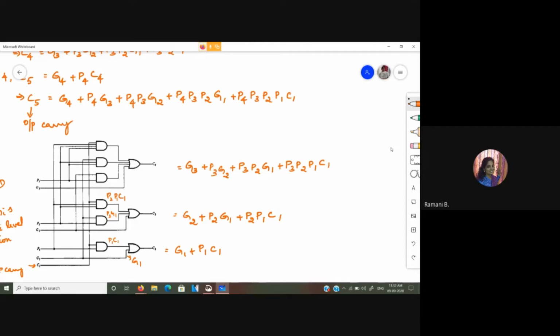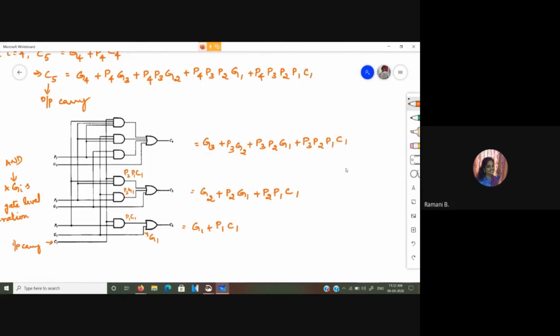So here with this carry generate, what we can see is that this is one level and this P1 G1 is one level. So for finding all the carries, you have only 2 levels of gate delay for all.